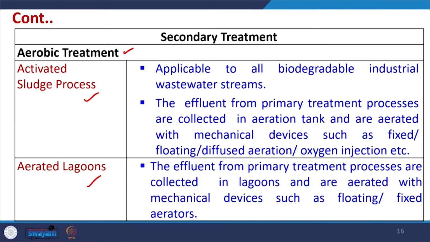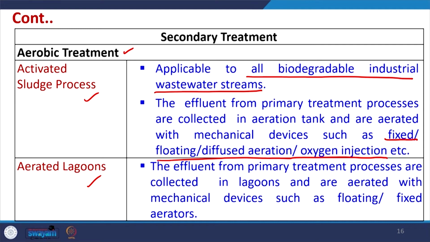The activated sludge process is the most common technique and it is applicable to all biological industrial wastewater streams. The effluent from primary treatment processes is collected in aeration tanks and is aerated with mechanical devices such as fixed floating diffused aeration units or oxygen injection units. So, the concept is similar to aeration that we have studied earlier.